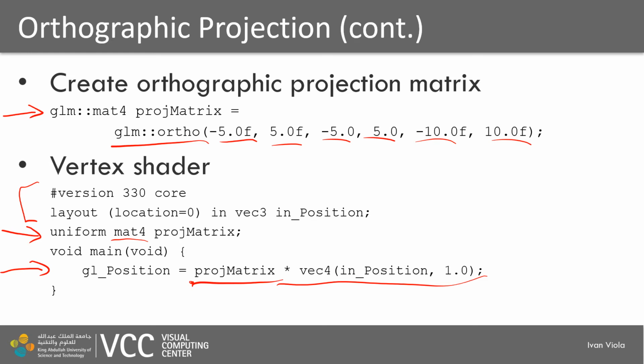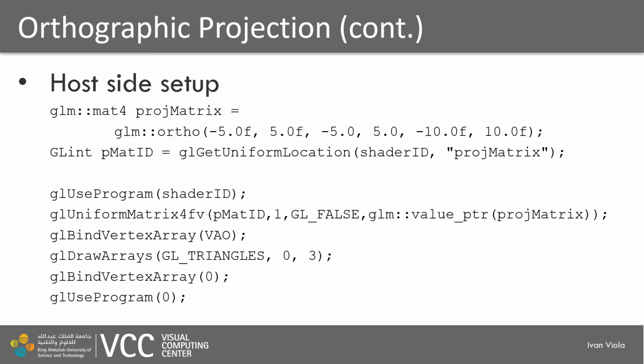Okay, so this is how we can get our uniforms so that they can influence our shader programs. Now just a simple vertex shader. And how do we set up the code so that we can actually get that information into the shader?